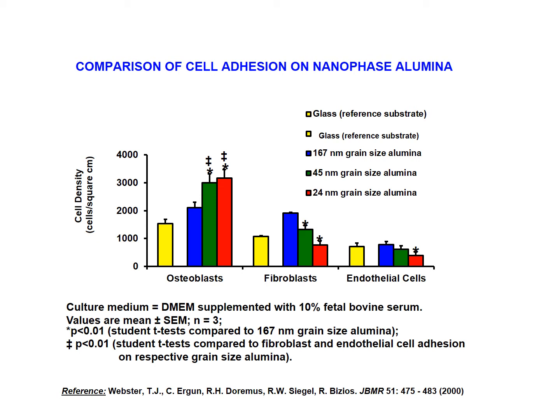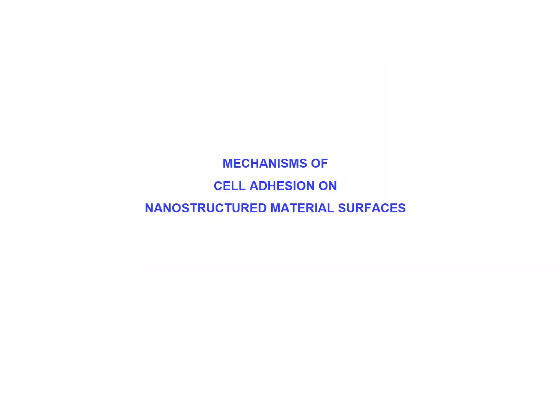The osteoblast interaction with nanostructure ceramics is enhanced in comparison to what we see when these cells adhere on conventional ceramics. This intriguing result promoted the investigation of the mechanism of cell adhesion on nanostructure ceramics, therefore additional experiments.